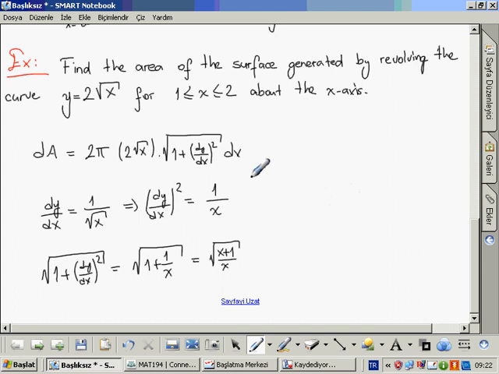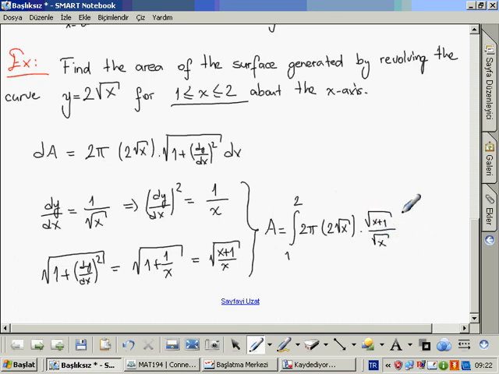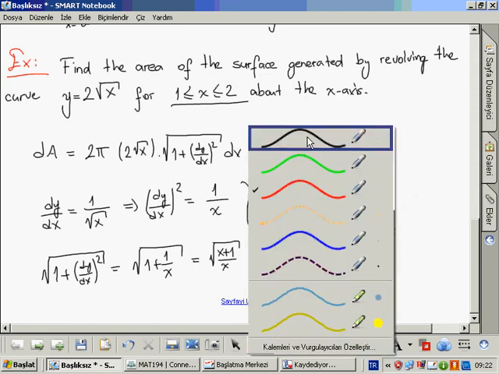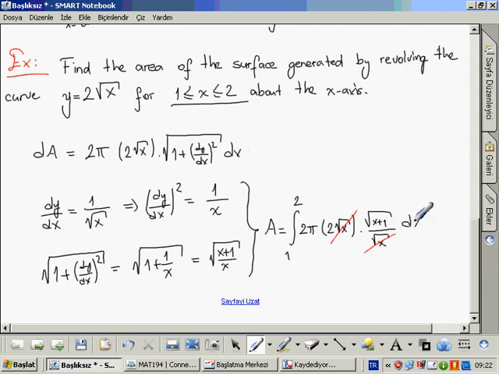After that we can compute the surface area by the integral formula, from 1 to 2, because the interval of x is given, so 2 pi times f of x, 2 times the square root of x, times the square root of x plus 1 over the square root of x, so this part will be cancelled, and the remaining part, of course, del x.